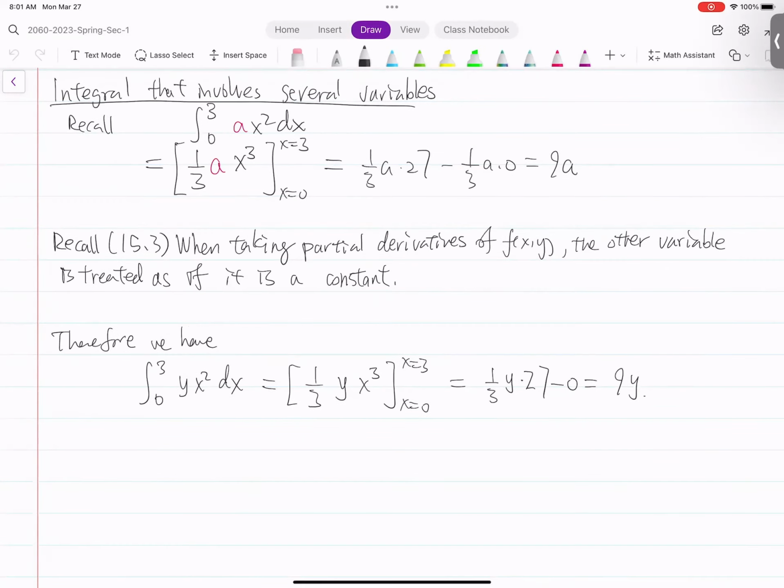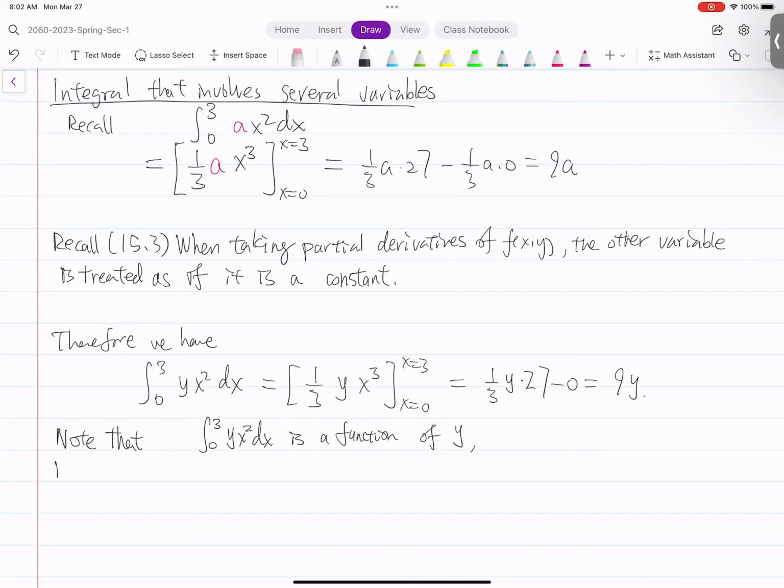Right. So note that the above integral is a function of y.